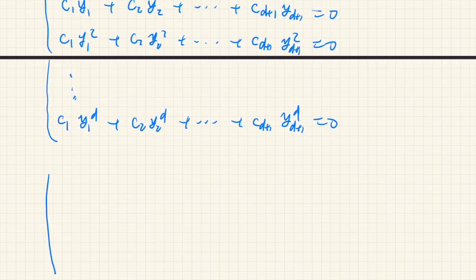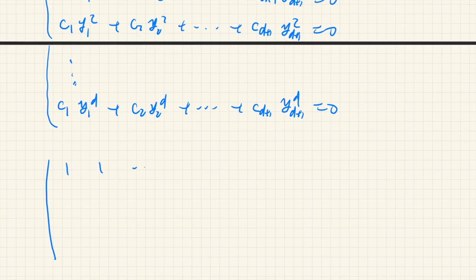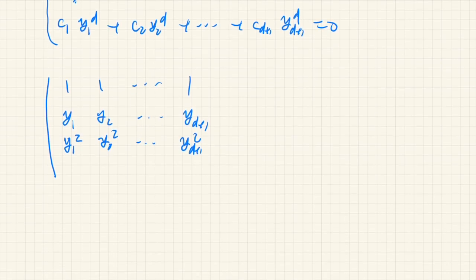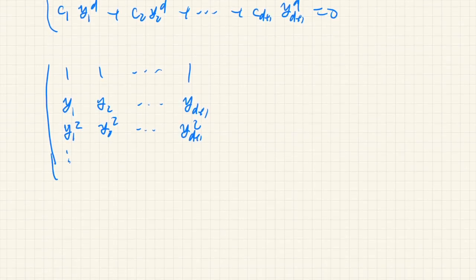The matrix part will be 1, 1, and so on, 1, and y1, y2, and so on, y_{d+1}, and y1 squared, y2 squared, and so on, y_{d+1} squared, and so on, and y1 to the power of d, y2 to the power of d, and y_{d+1} to the power of d. So that's the matrix part.